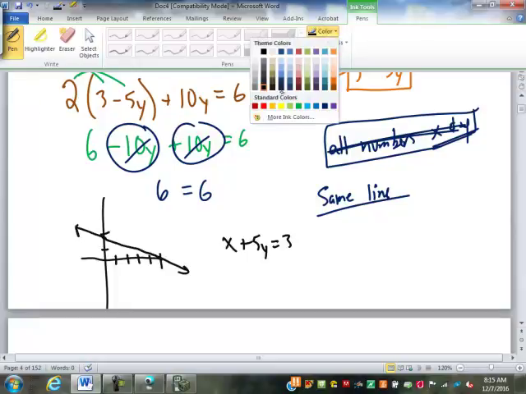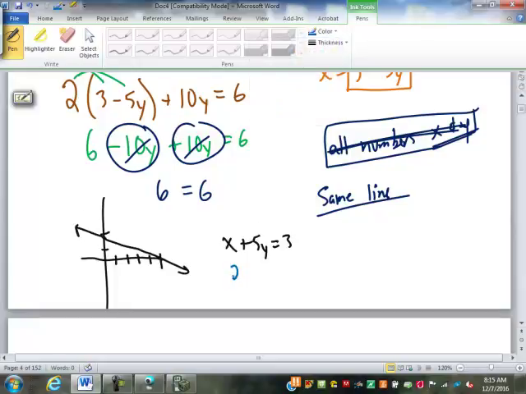That bottom equation, 2x plus 10y equals 6, is going to look like this. They're the same line. So technically the solution is every point on the line.